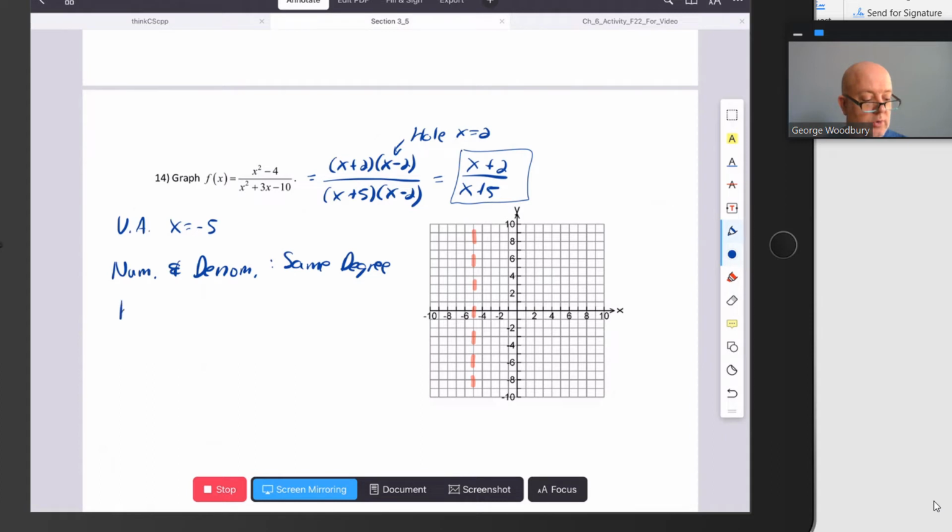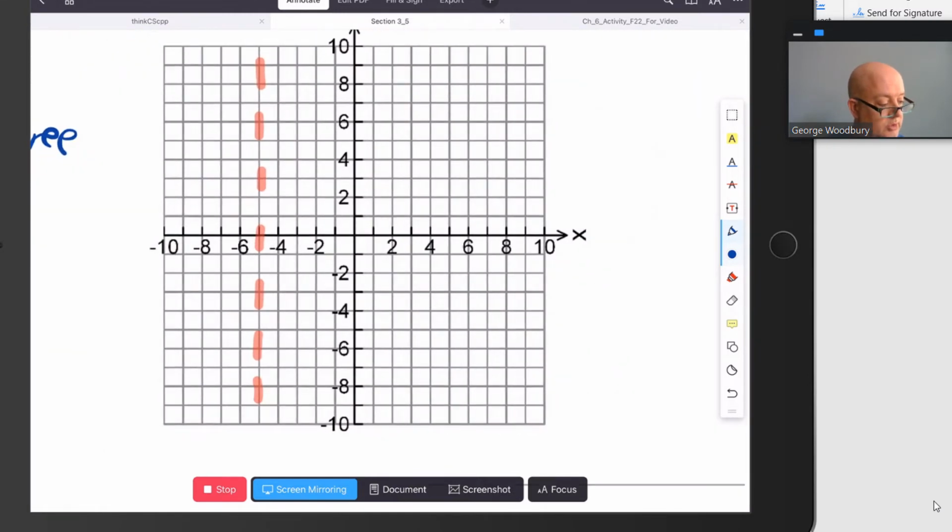So the horizontal asymptote is going to be y equals 1 divided by 1. The coefficient of the leading term is 1 in both cases, and 1 divided by 1 is 1. So I'm going to put the horizontal asymptote at y equals 1, like that.